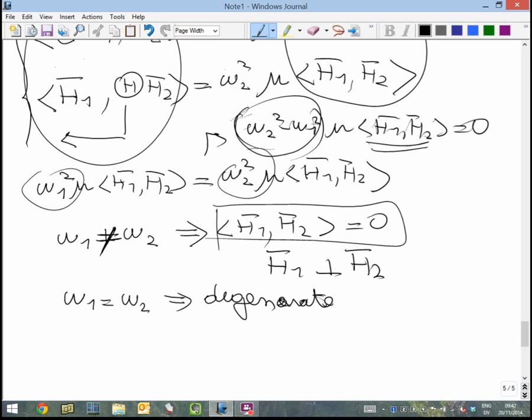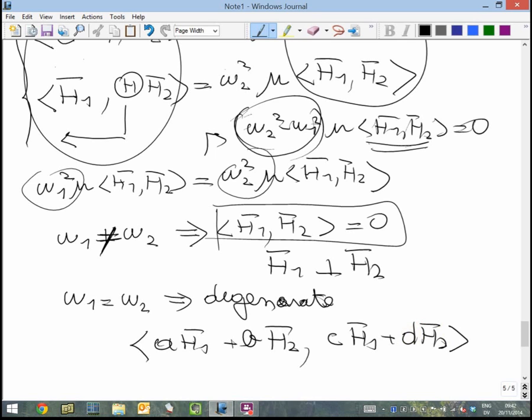So in this case, you're in a bit of a problem, because you can't really prove that h1 is orthogonal to h2. However, what you can prove, and we're not going to do that, is that you can take certain linear combinations of these two eigenfunctions. For example, a times h1 and b times h2, and then a different linear combination, c times h1 and d times h2.